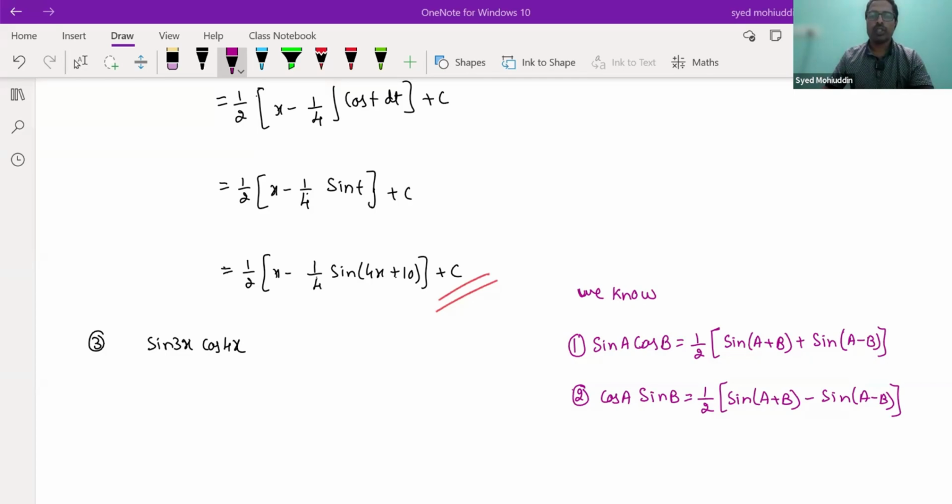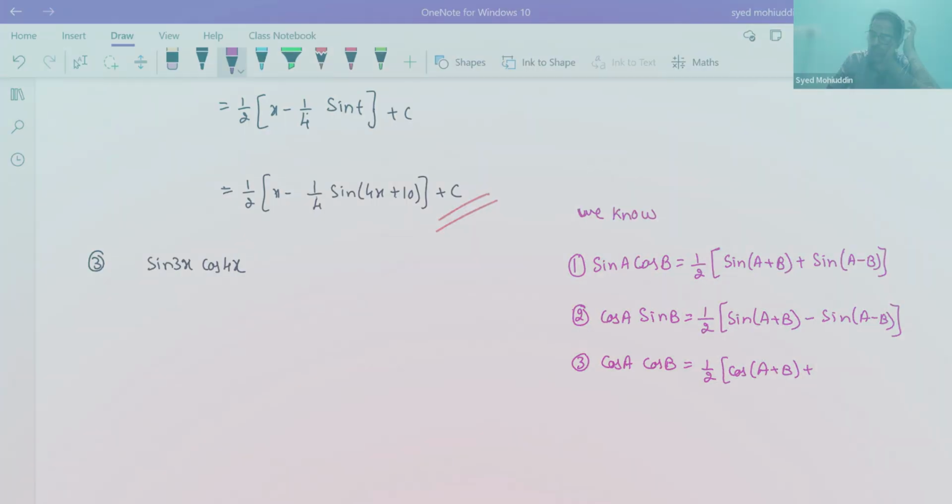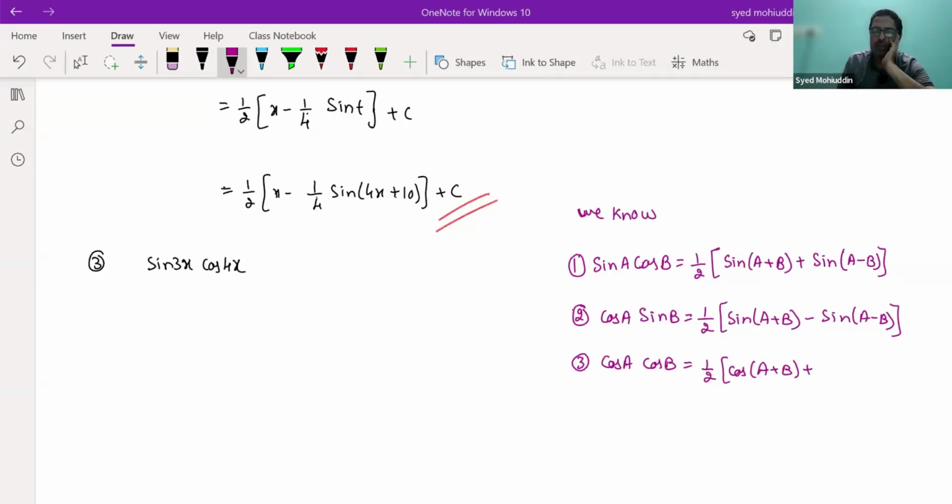So let me write down this formula for both cos, cos A cos B. So this is half times of cos of A plus B plus cos of A minus B.